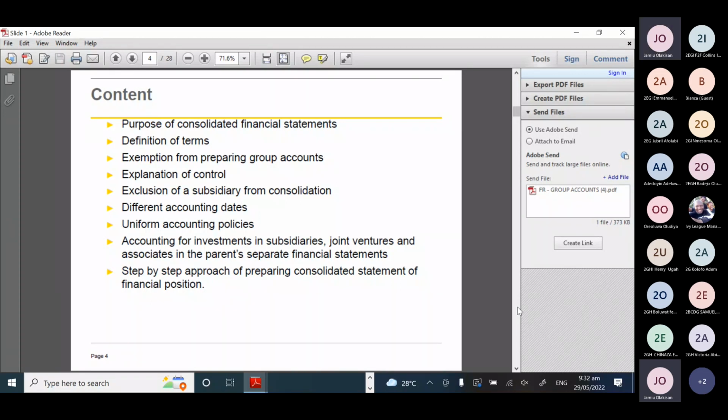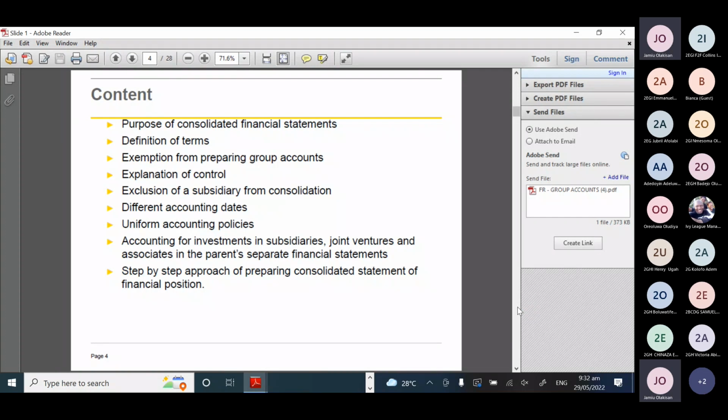We looked at all of them, how to adjust for unrealized profit on sale of inventory, unrealized profit on sale of PPE, receivables and payables between parent and subsidiary, inventory in transit, cash in transit, loan receivables and payables. We looked at all those intra-group adjustments.